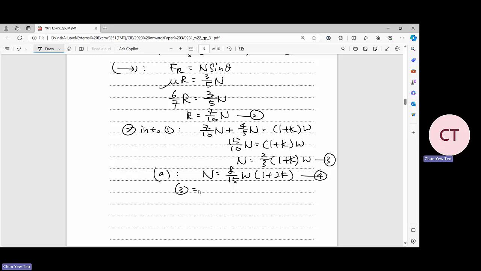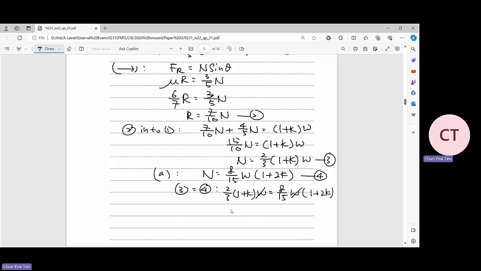So 3 equal to 4, I'm having that 2/3 of (1 plus K)W equal to 8/15 W(1 plus 2K). So the W can be cancelled off and just simplify them.